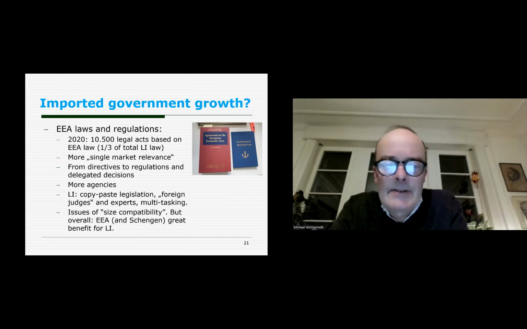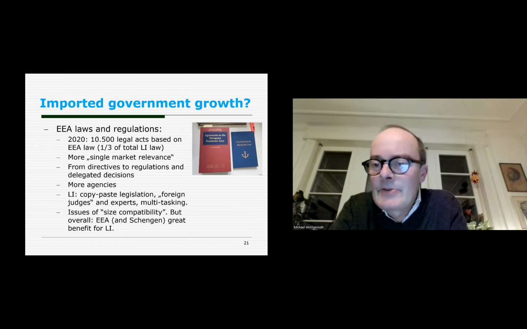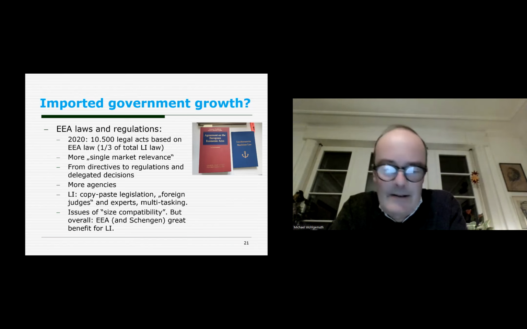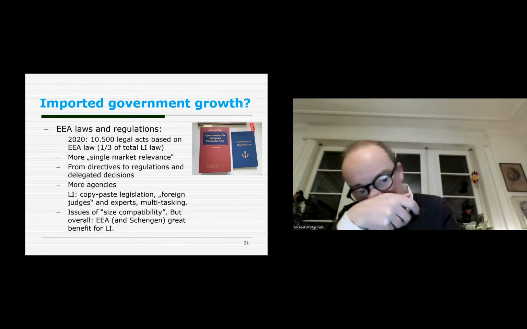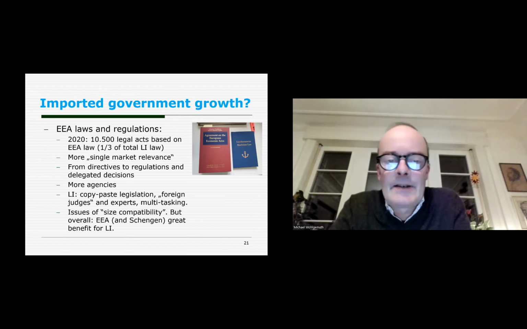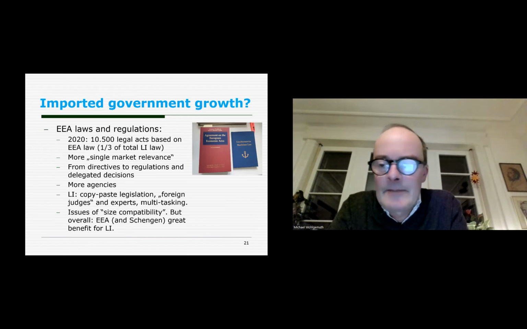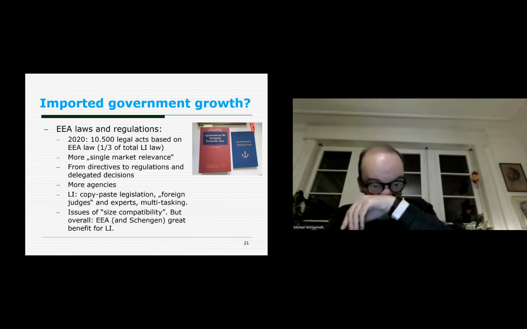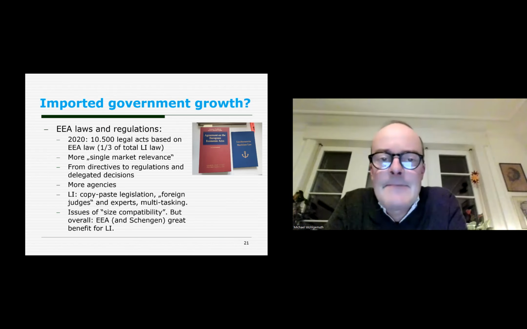In Liechtenstein, it's mostly done by copy-paste legislation. So they don't really print these legislations in their law books, but they send out a monthly newsletter with all the links to the new directives and regulations of the European Union based on their membership of the EEA.